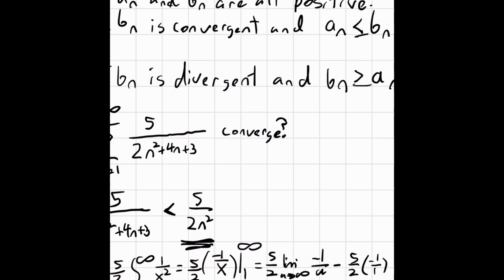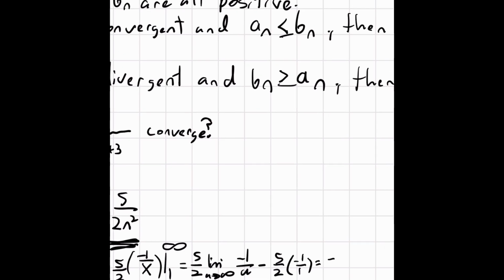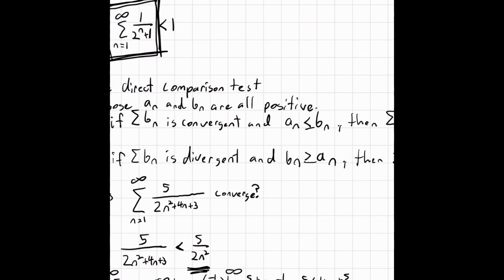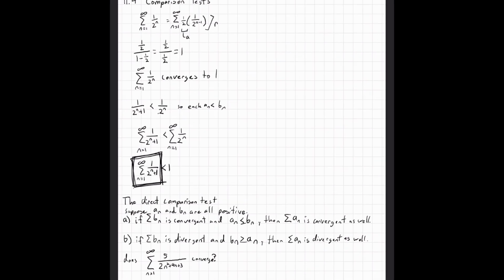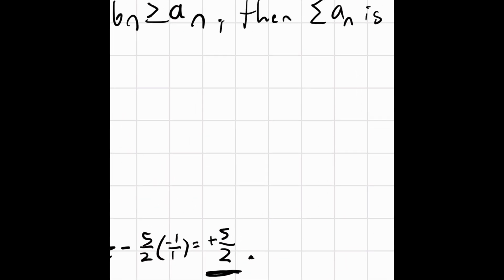As a goes to infinity, 1 over a goes to 0, and subtracting a negative turns into a positive, so positive 5 halves. So the integral converges. That tells us that the series does as well.